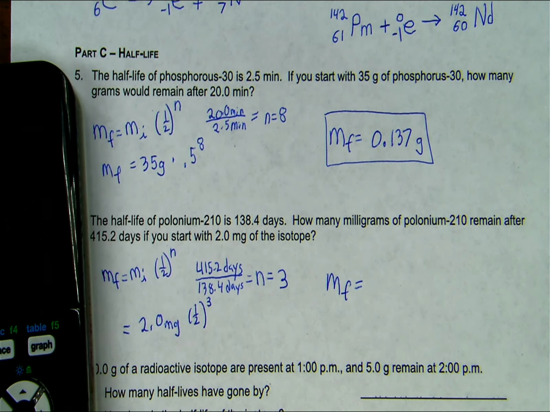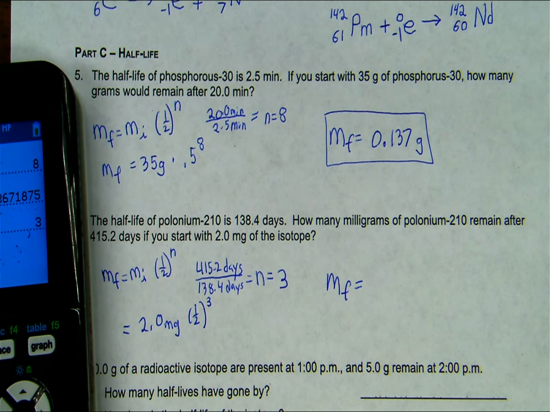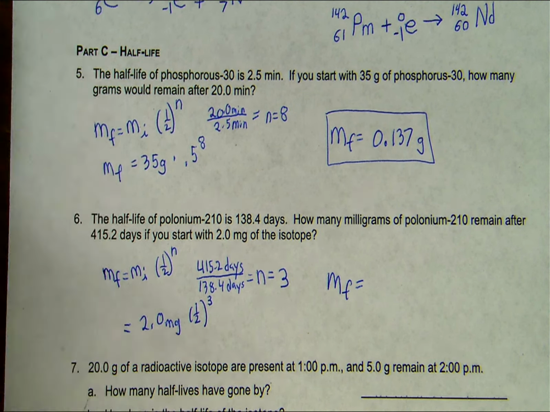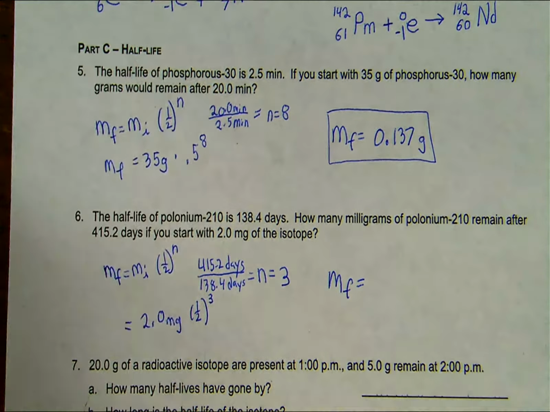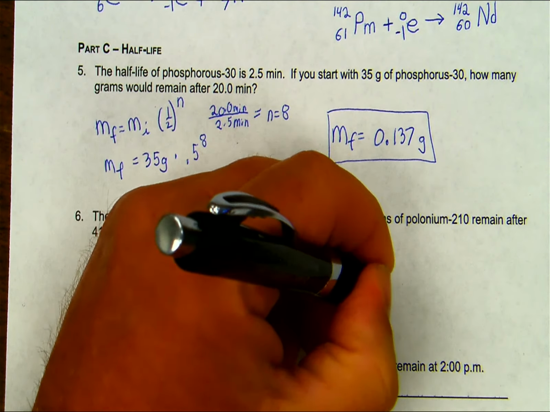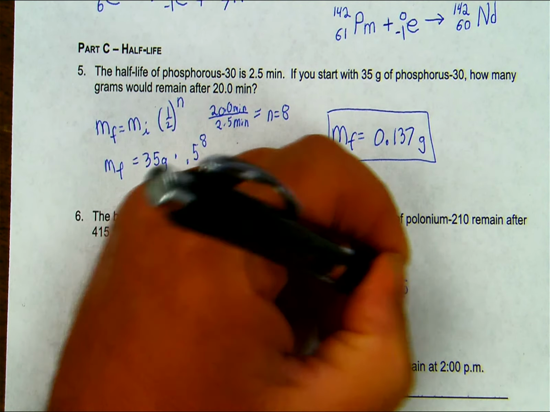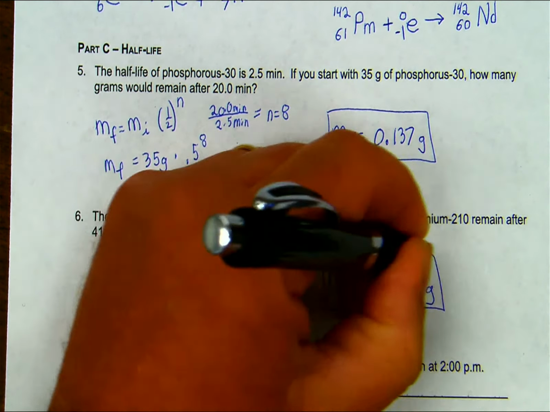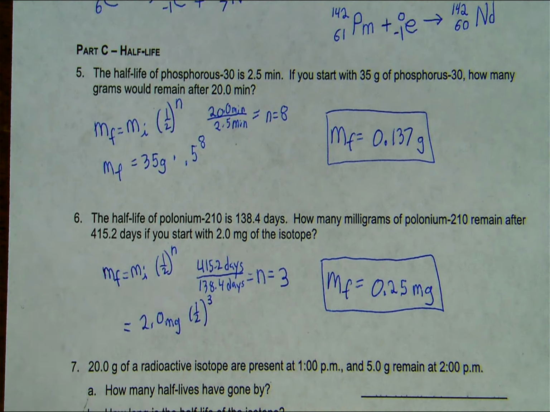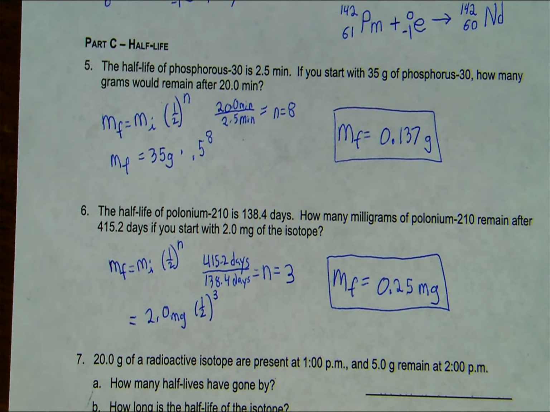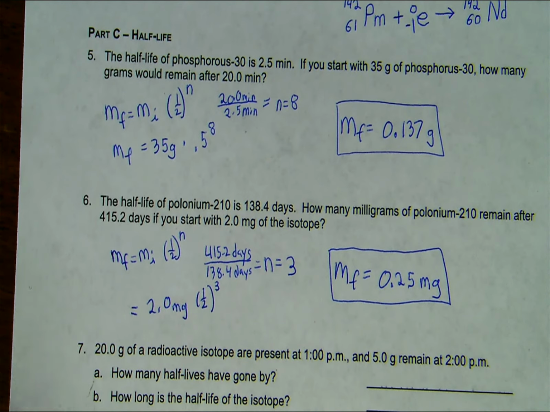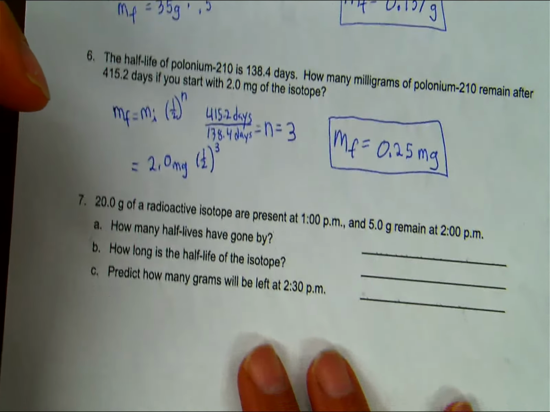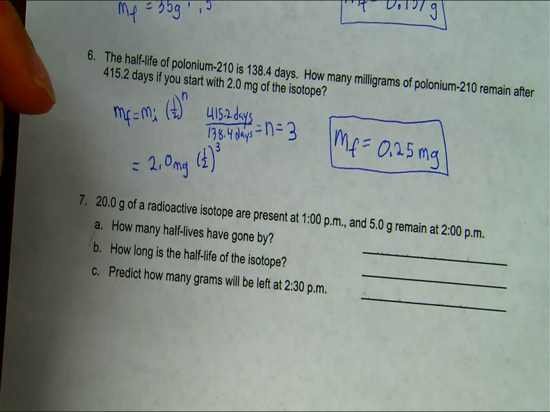It's 2 divided by 8, but let's go. 2 times 1/2 raised to the 3rd power is 0.25 milligrams, because we're in the same units as the original quantity.